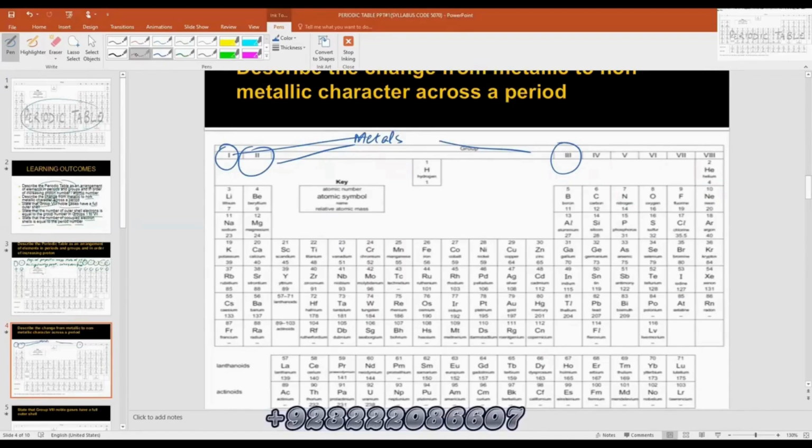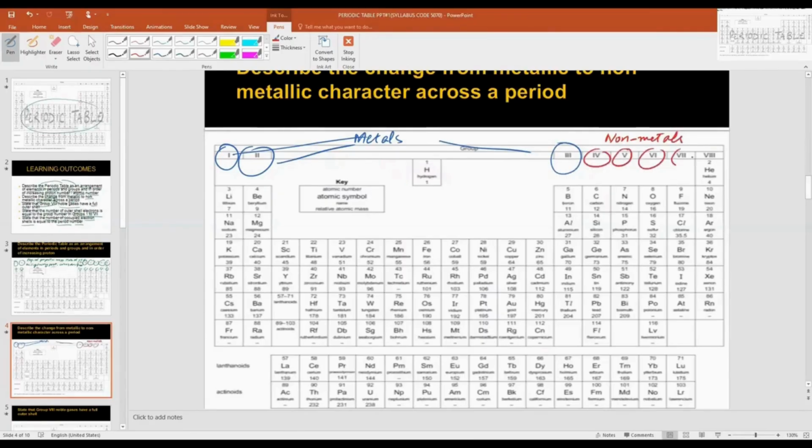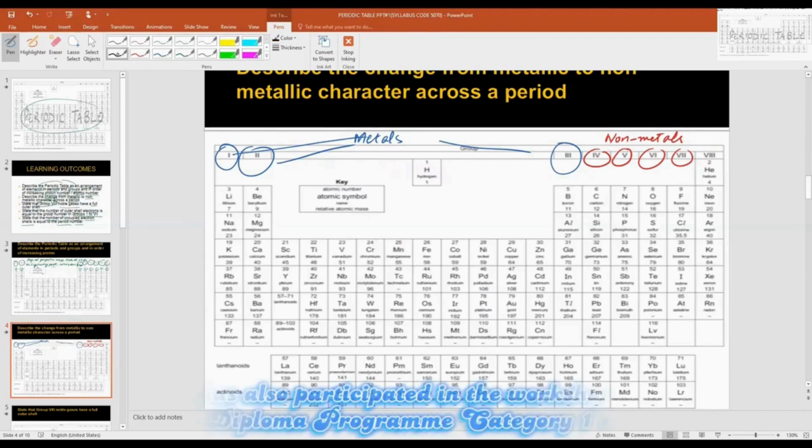Non-metals are present on the right side of the periodic table. These are non-metals. They contain 4 to 7 valence electrons. It means that if we move from left to right within the same period, the character of elements changes from metallic to non-metallic.